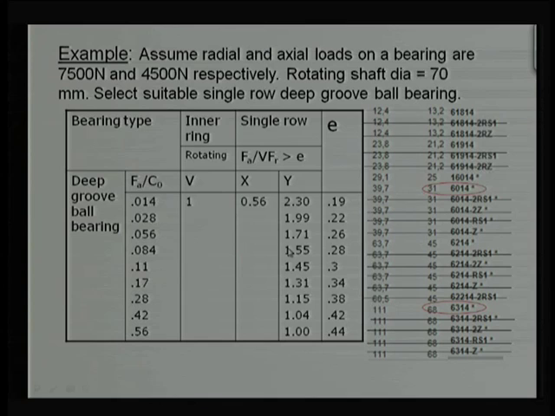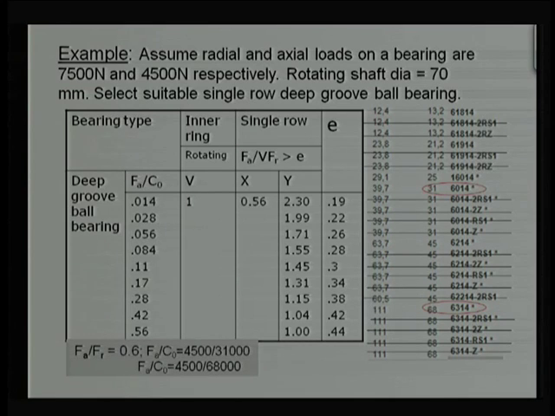For a single row bearing, we need to find the ratio FA by FR. In our case, FA is 4.5 divided by 7.5, and we compare it with the parameter e, which is defined by the geometry of the bearing. If FA by FR is greater than e, then we choose the X and Y parameters to find the equivalent load.